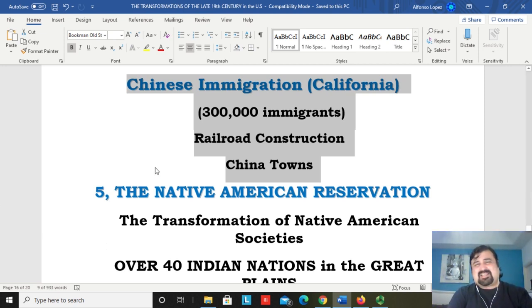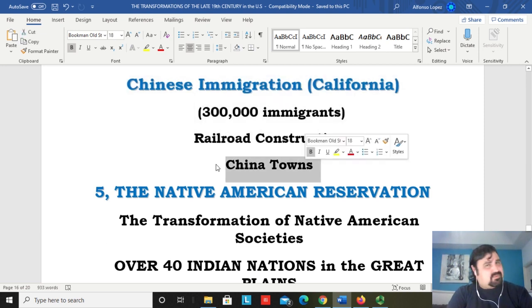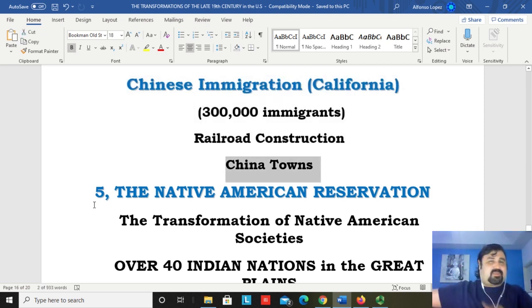And likewise, just like all the ethnic groups, the foreign immigrant groups that we have talked about, we're going to see also the Chinese creating their own communities called Chinatowns, and they are going to recreate the kind of town that they lived in back in China, almost identical. There will be almost no way that you can actually distinguish a Chinatown, let's say, in places like San Francisco, for example, from the kind of town from which those immigrants actually came.